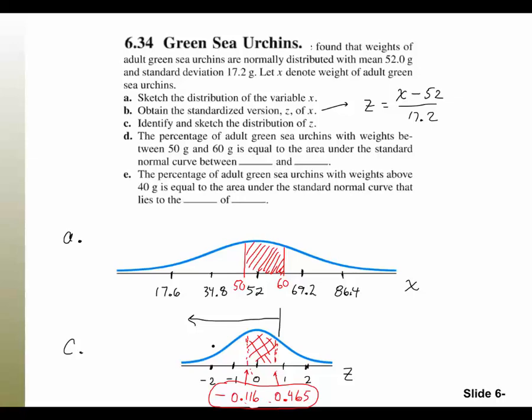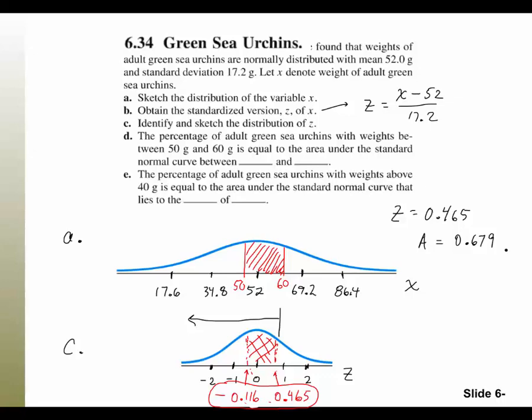What do you get? So for z equals 0.465, we get an area of 0.679. Does everyone get that?